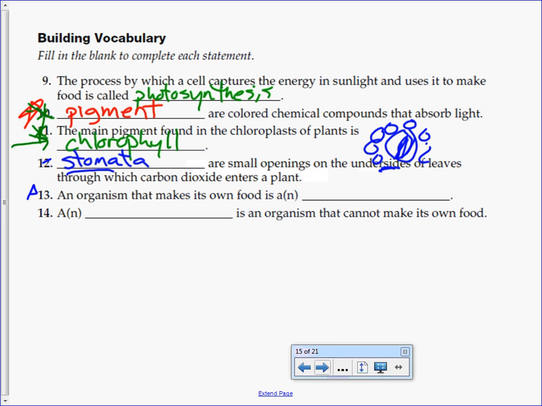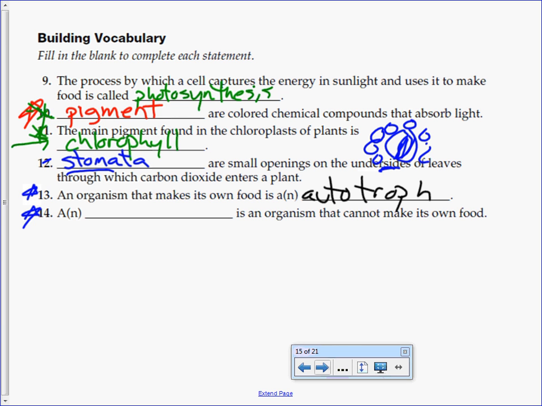These two, however, and again, we will continue talking about these, but an organism that makes its own food is called, it's called a what? Autotroph. Auto means self, and troph means food or to eat. So autotrophs are almost always doing photosynthesis.